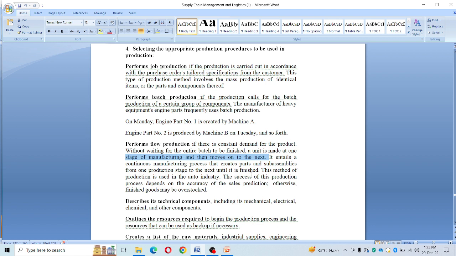If they want to deliver the products in market A, they will start the production as per the demand and batches. The first flow will be completed, then the second flow, and in such a case the sub-assemblies will move from one production stage to the next until it is finished. This method of production is used in the auto industry.